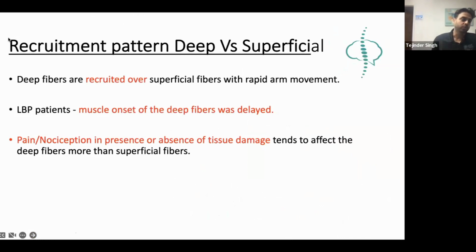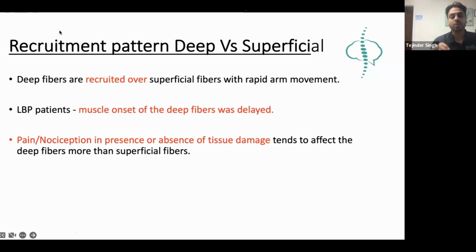Recruitment pattern. I think this is important for us to understand. Whenever we are studying multifidus, the difference in recruitment pattern is important, because when patients come to us and we are trying to assess the recruitment pattern and ask the patient to do any activity like raising the arm or raising the leg, the deep fibers are recruited first.